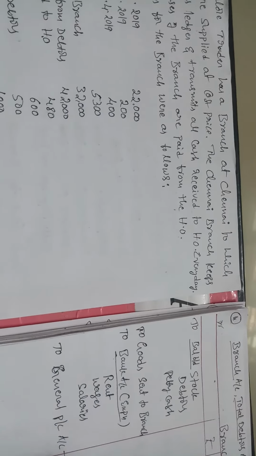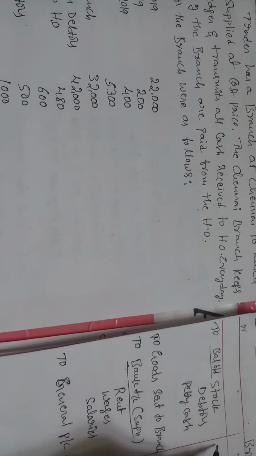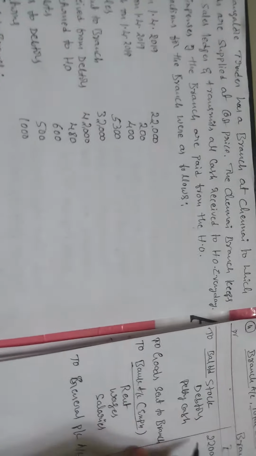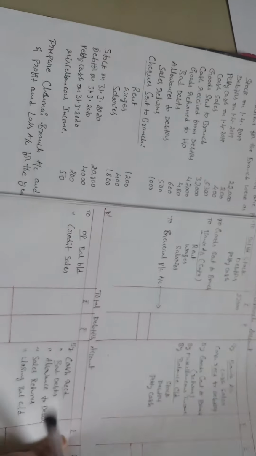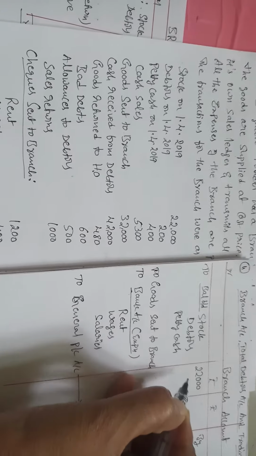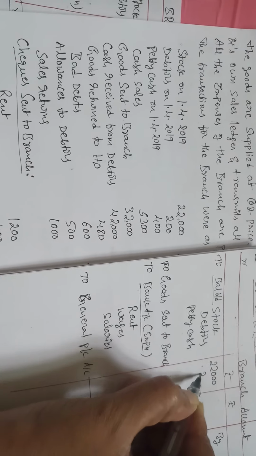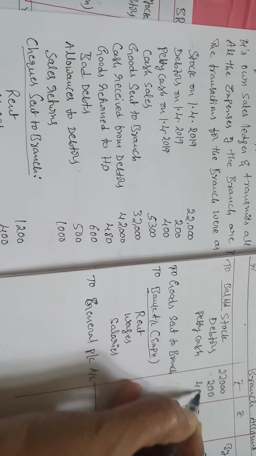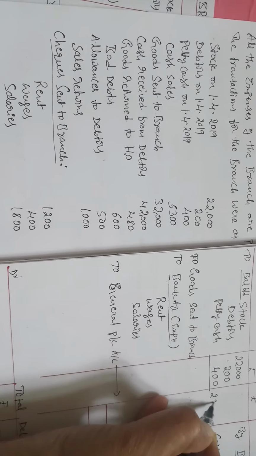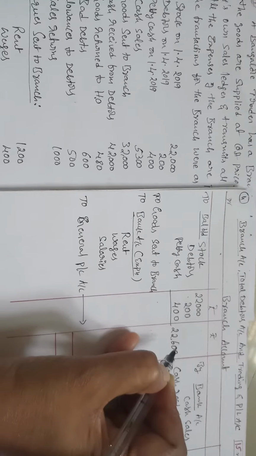I'll take the first part step. Opening: stock 22,000, debtors 200, and petty cash 400, total 22,600 rupees. This is the opening.